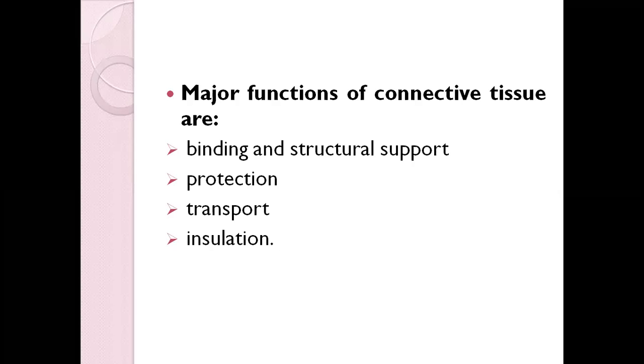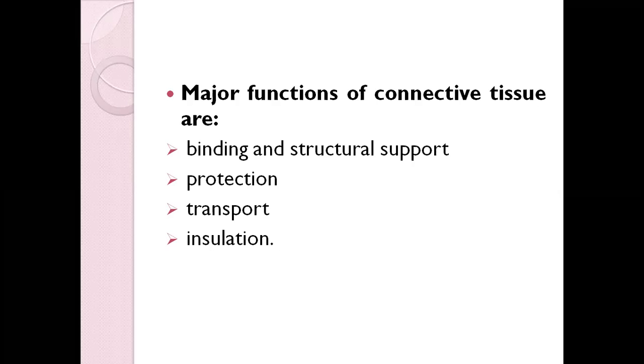They also protect the organs or the surfaces where they are attached. So they help in protecting against any form of toxins, or microorganisms or foreign materials, or any kind of chemical or mechanical damage to that particular organ or surface.